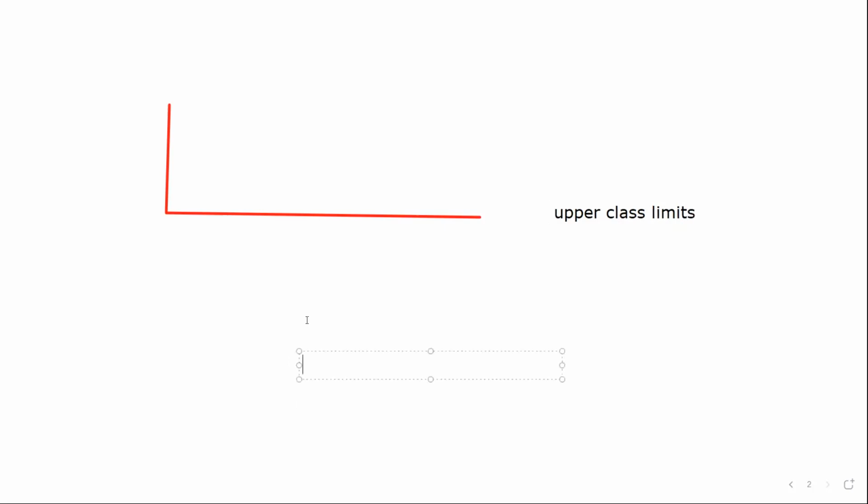And the cumulative frequency is going to go on the vertical or the y-axis. So we're going to put cumulative frequency on this axis, okay? Now, the other thing is this only closes on the left.